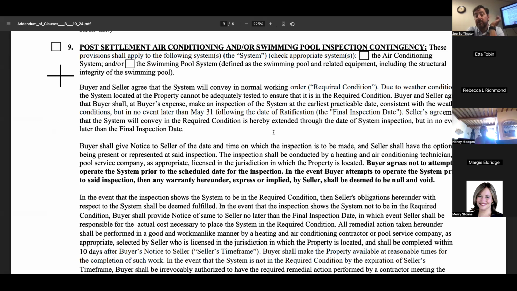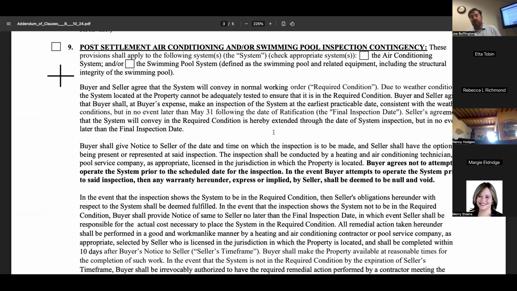The reason I tell you that is May 31. Let's say you settle on your property in December, you wrote the offer in November, and you couldn't check the AC. The AC is the easiest example, but it applies to swimming pools too.